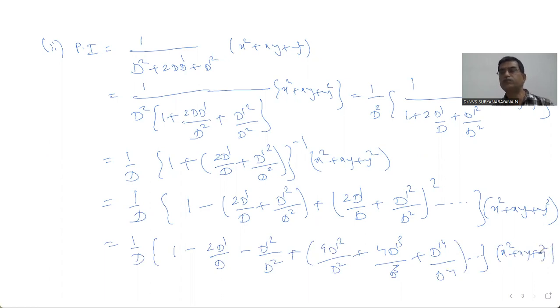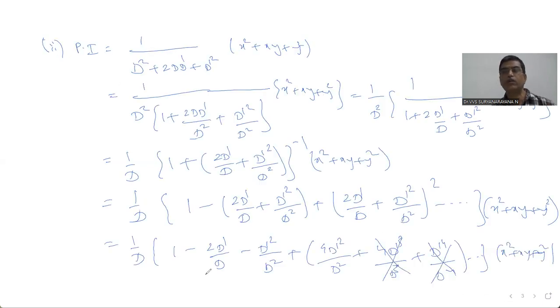As we already observed, the maximum power of y is 2, so consider terms up to d dash square only. We can ignore the d dash cube term, the d dash power 4 term and all higher power terms. We consider d dash power 2, d dash power 1 and constant terms only, so only these 4 terms. Remaining can be neglected.